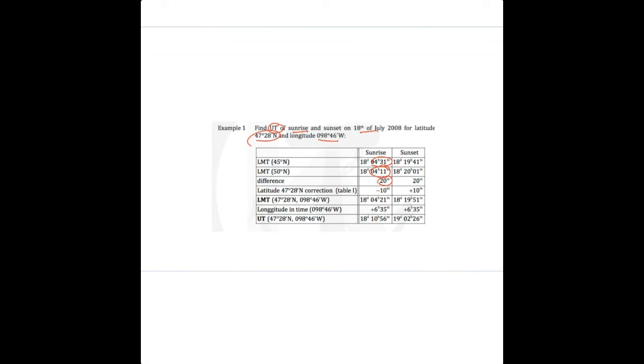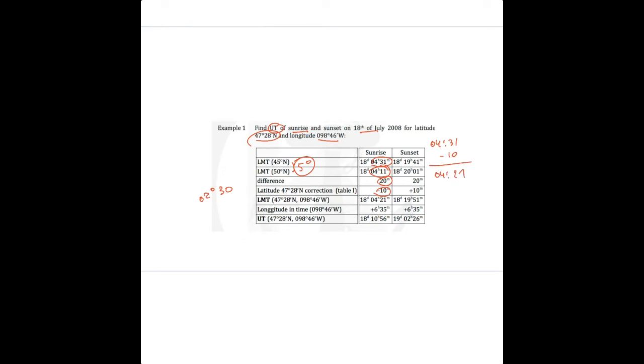Our tabular interval here is 5 degrees, and the difference between 45 and 47 is 2 degrees 28, so let's say 2 degrees 30. For this value with a tabular interval of 5 degrees, we get a correction of 10 minutes. Those 10 minutes should be subtracted from 4:31, so 4:31 minus 10 minutes gives us 4:21.